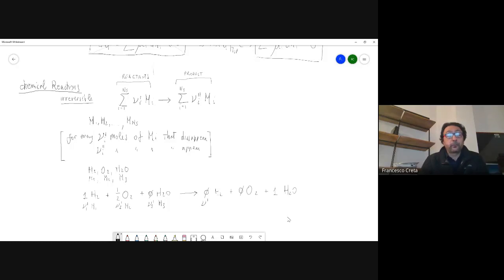So double prime, again, 1 for hydrogen, double prime 2 for oxygen, which is M2, and double prime 3 for, sorry, I made a mistake here, for M3, okay? 4 and 3.